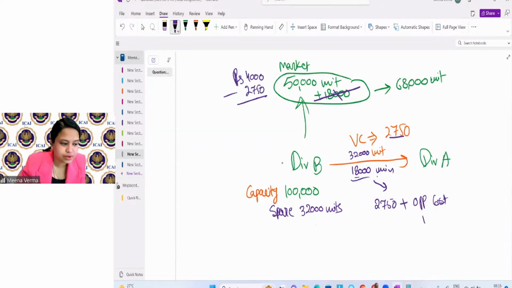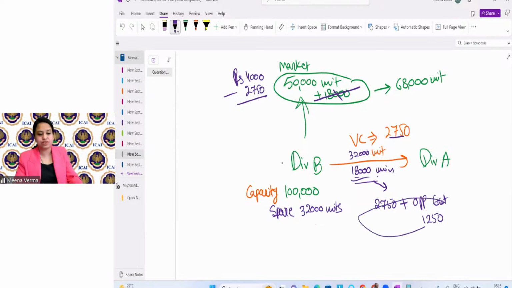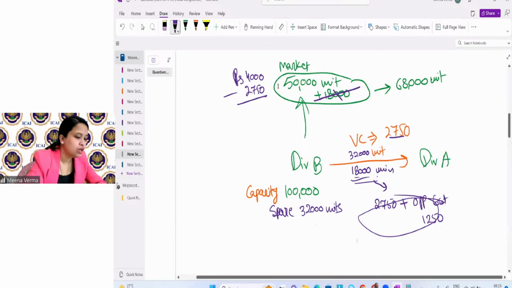You want to recover this for only 18,000 units, because you are capable of selling these units in the outside market. So this is how we have to do it.